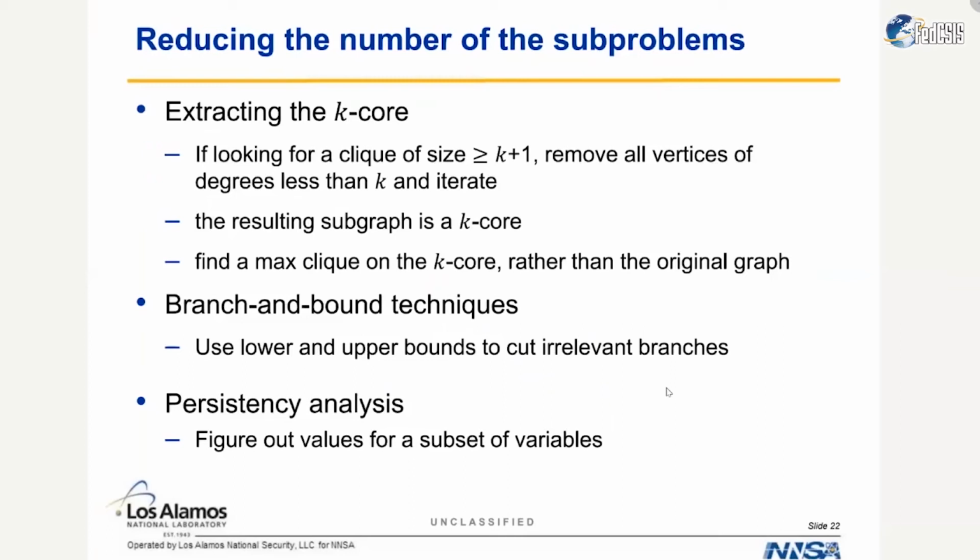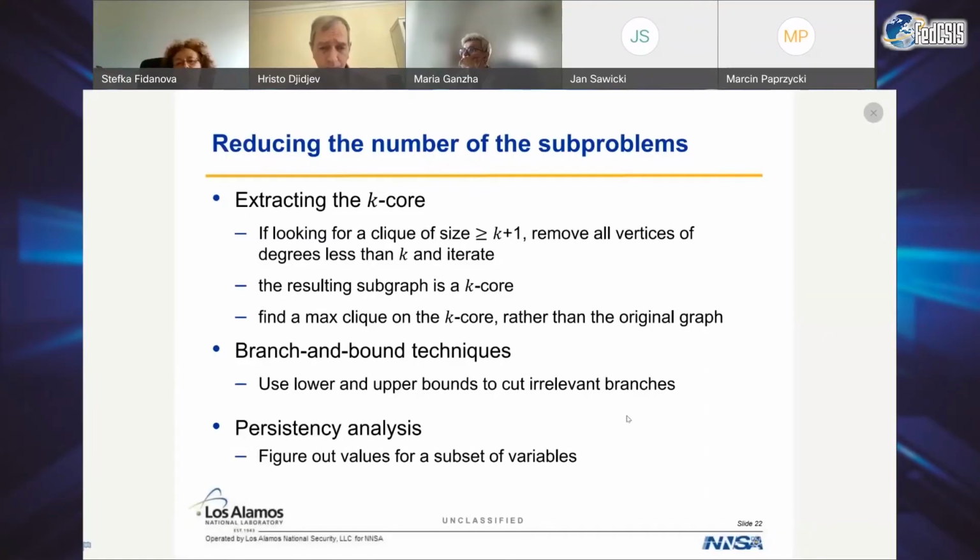One way is to use the so-called K-core of the graph. If we know that our clique has size K plus 1, then any vertex that has degree K or less cannot be in a maximum clique. It has too few neighbors, so we can remove that vertex. When you remove the vertex, you also remove all edges to it, because you cannot have an edge without both endpoints.